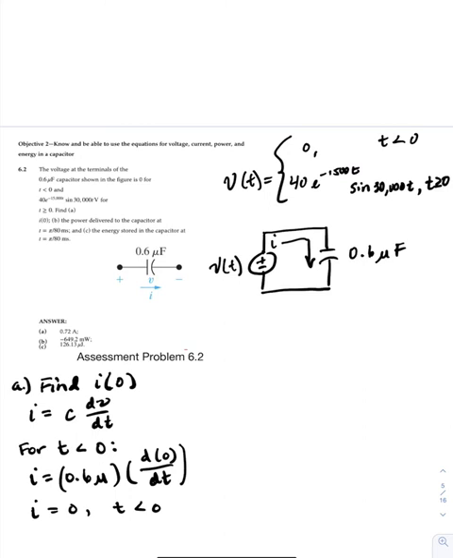Okay, so for t greater than and equal to 0, i equals 0.6 times 10 to the minus 6 times the derivative of 40 e to the minus 1500 t sine 30,000 t over dt.